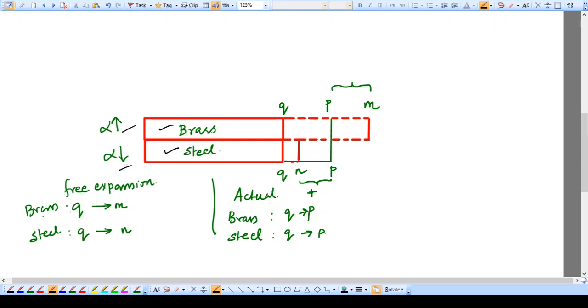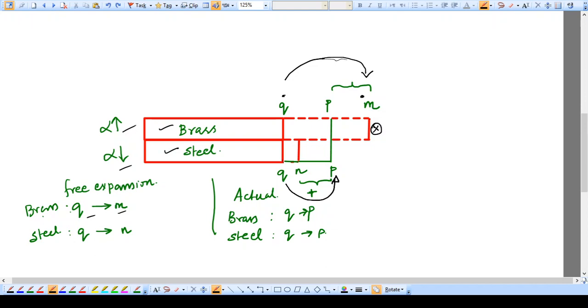If the two bodies are not rigidly fixed, they are free to expand, and brass will move from position Q to M, and steel will expand from Q to P. These are the separate expansions shown in the red colored line.